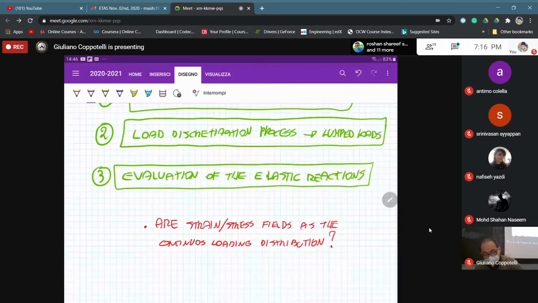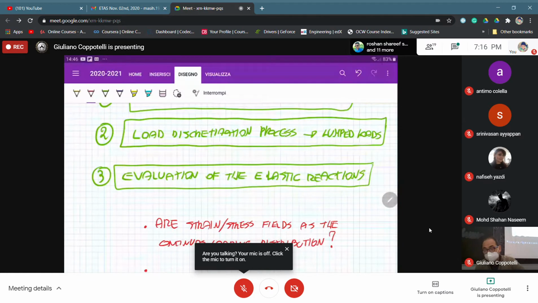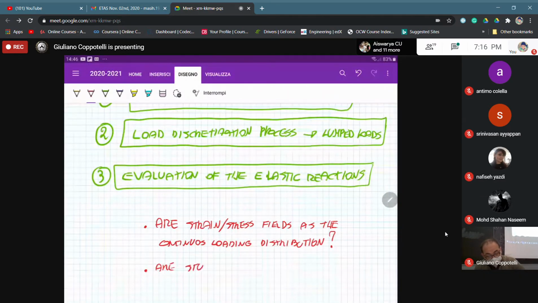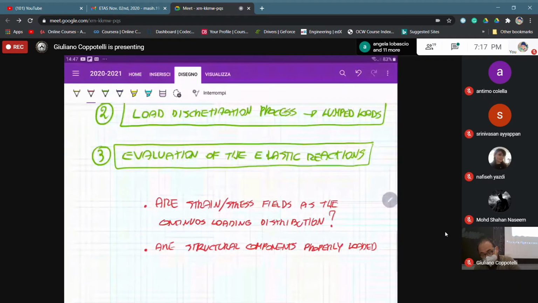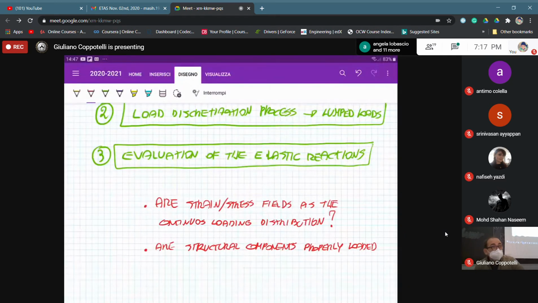Moreover, second question, are the structural components properly loaded? That is, are those components, those stresses, the same as we are expecting?